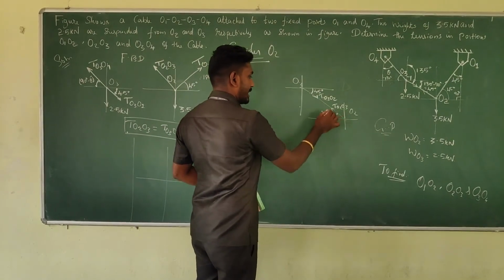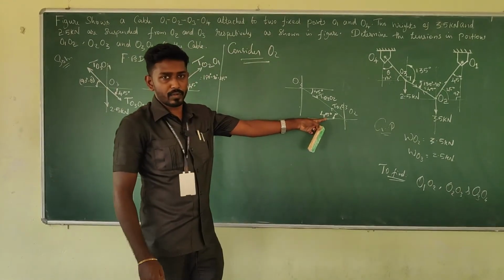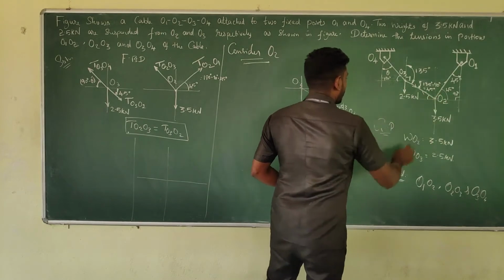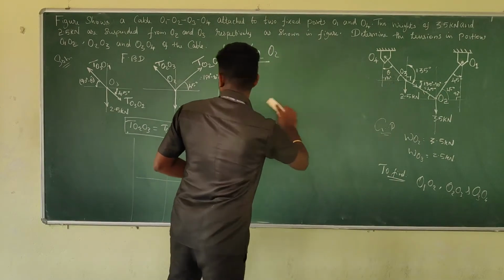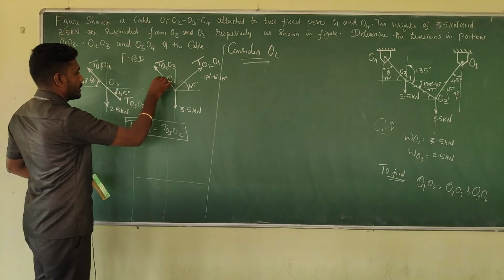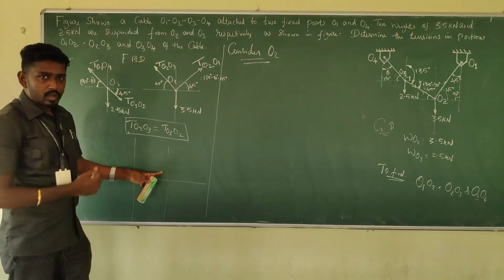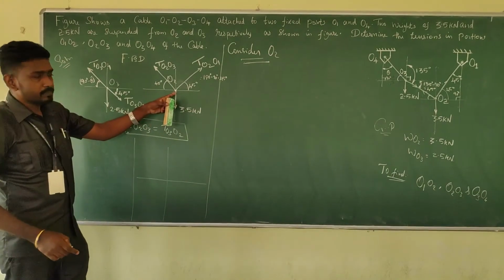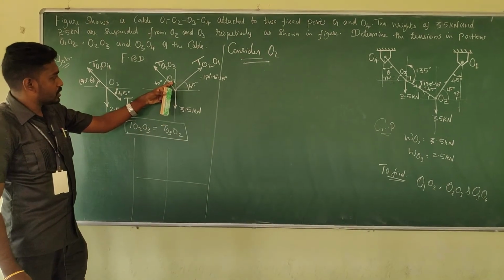So directly we can take this angle as what? 45 degree. So take this as 45 degree. Now just try to identify all the components in the first components, that means first diagram.